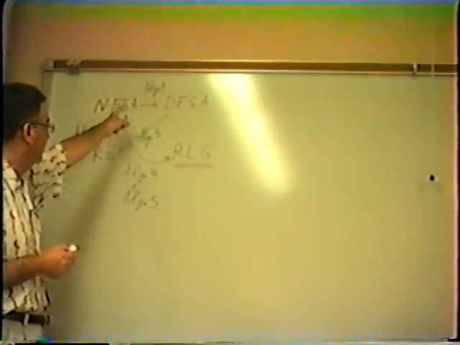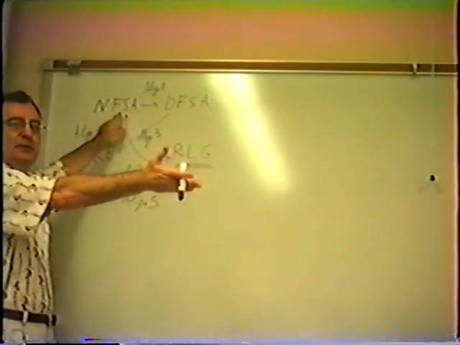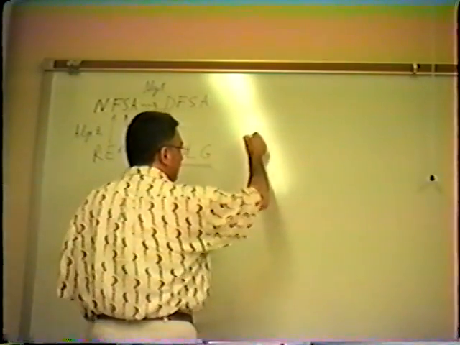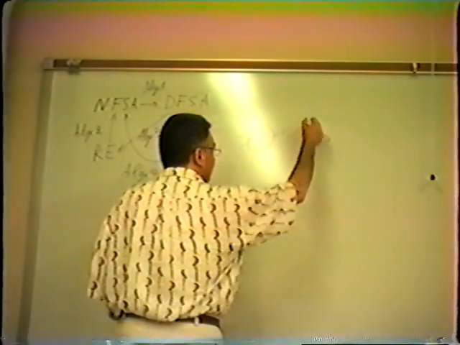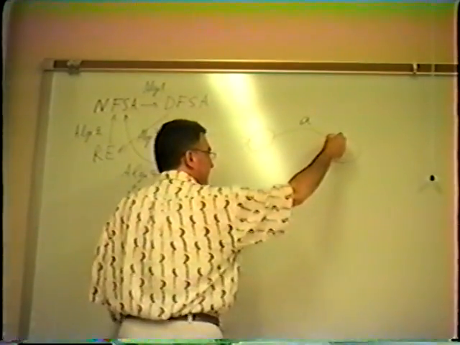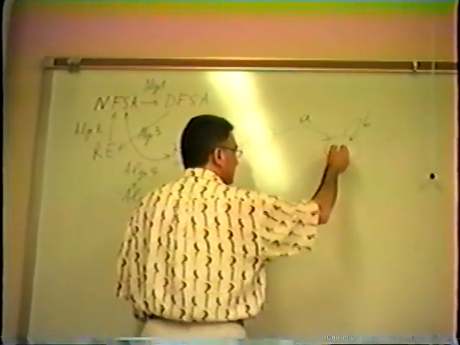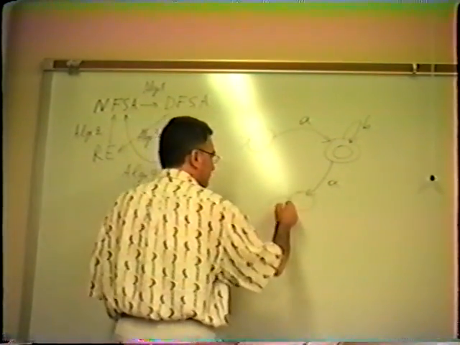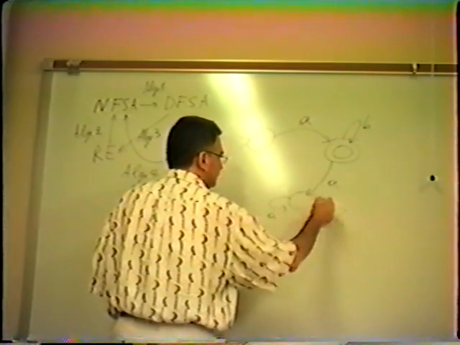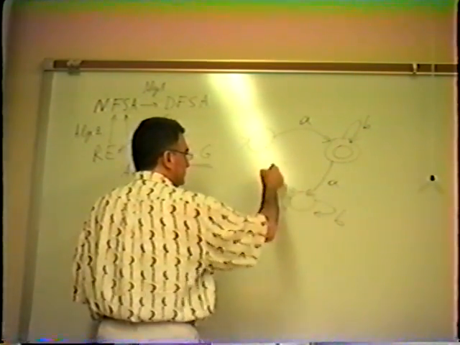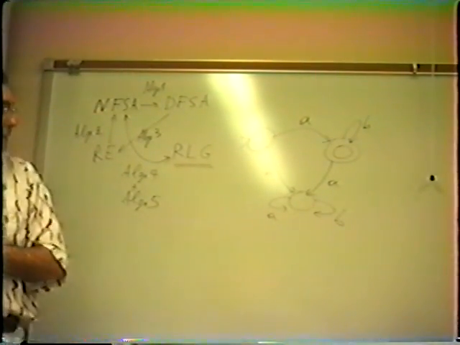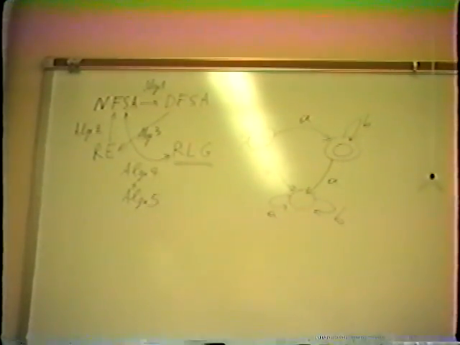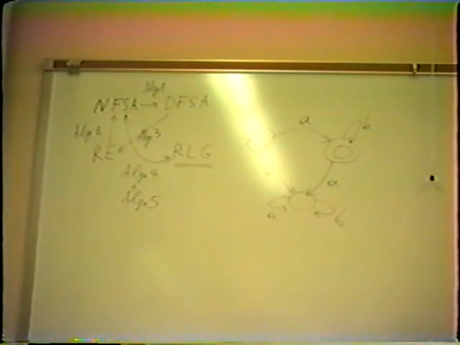Okay, first, if they give you an automaton, well, if it's not deterministic, you can always convert it to the deterministic, right? So let's say I give you this one. This is a deterministic automaton, right? The question is, can you figure out which language it recognizes? Okay.